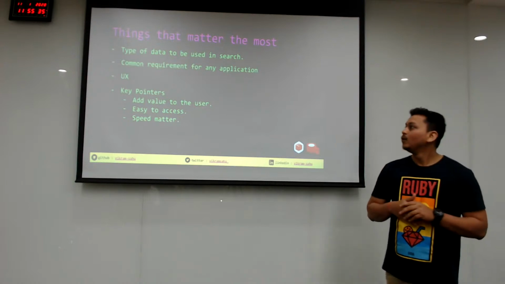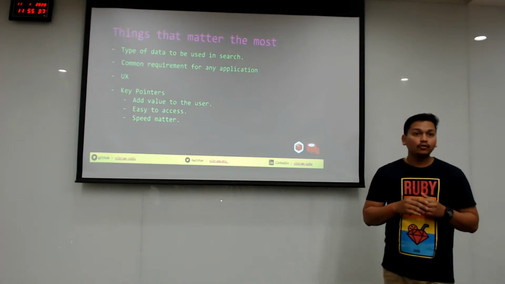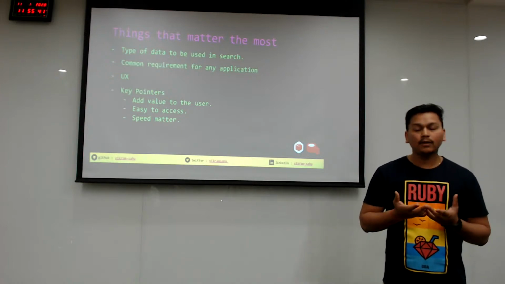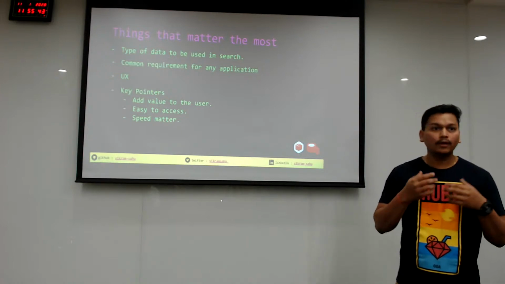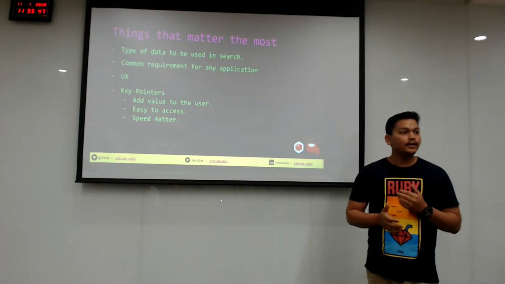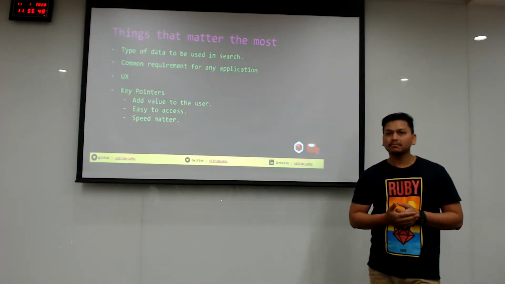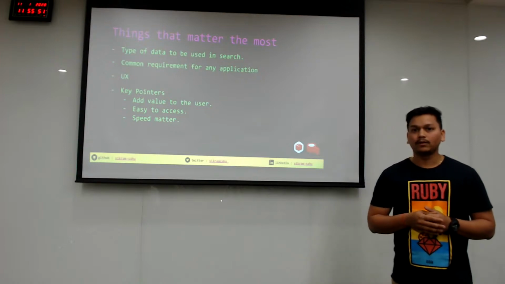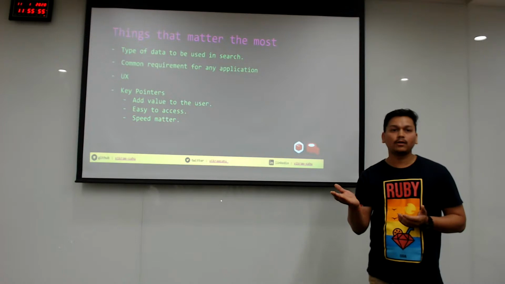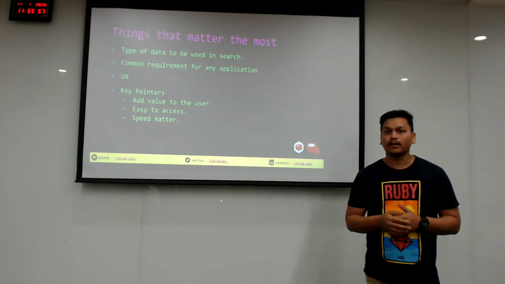So it should be visible and easy to access. The user should not have to dig for where the search bar is. And the speed: unless your speed is there in search, everyone will be bored. If you type D and you wait for 2 minutes for further auto completion, then that's an issue, right?